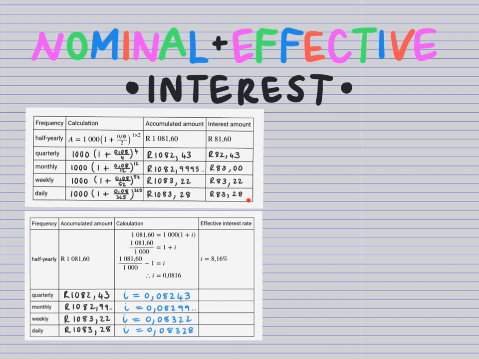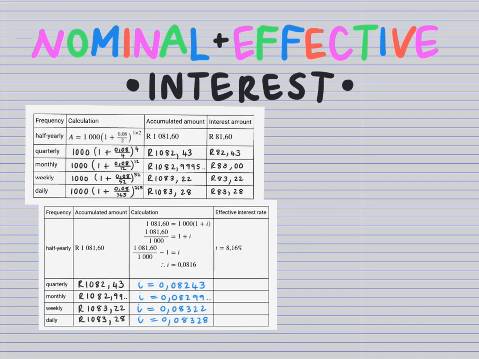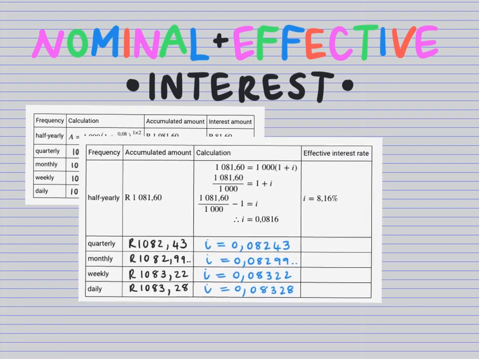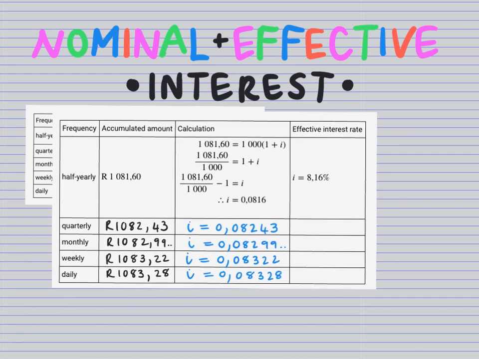We are obviously earning more money. This is the interest that would have been earned on top of the principal amount, 1,000. Now if we focus on this second table, covering up this first table, we don't really need it because here's all the information that I must focus on.